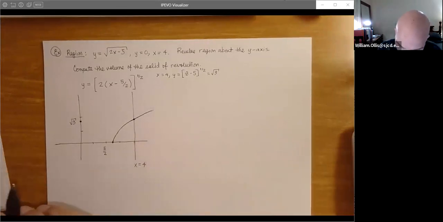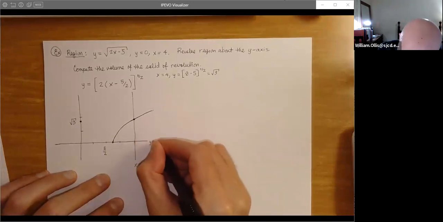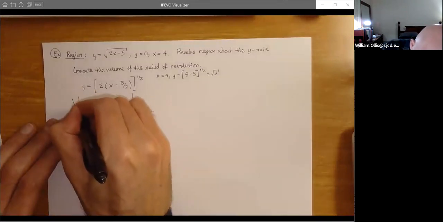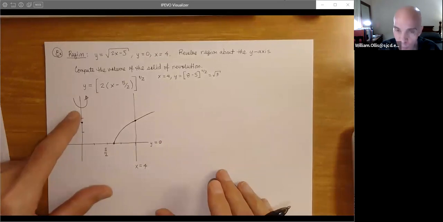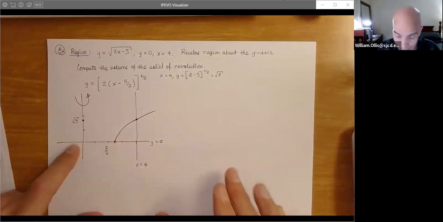So now we think, okay, well, here's x equals 4, and here's y equals 0. And we want to do this kind of manipulation. That is, we want to rotate this particular region about the y-axis.